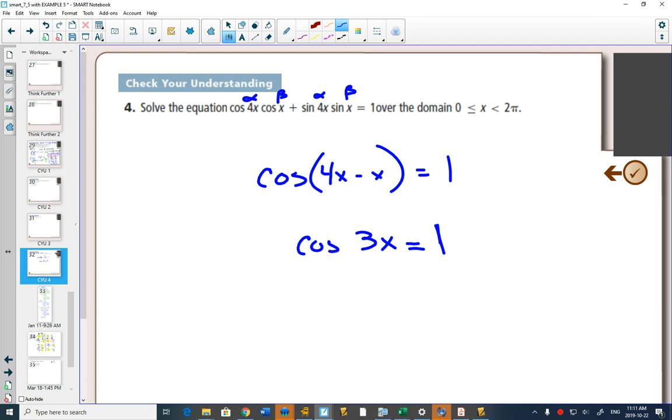Okay, so we've made the question a little bit more simplified, but now it's still having to be solved. What kind of question is it now? We gave these ones a name. Do you remember the name that we gave this kind of question?